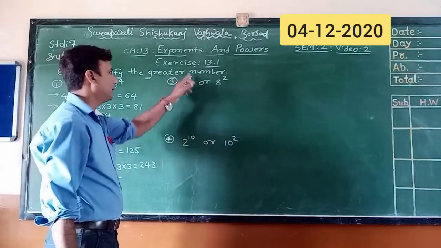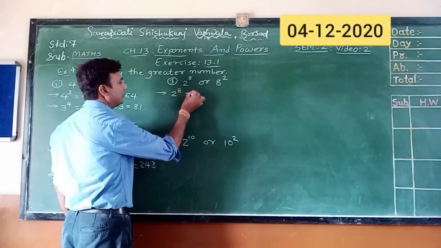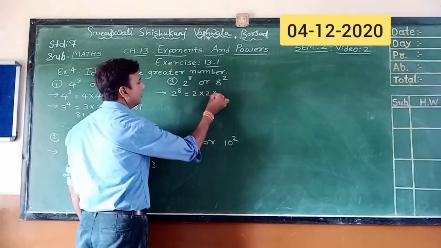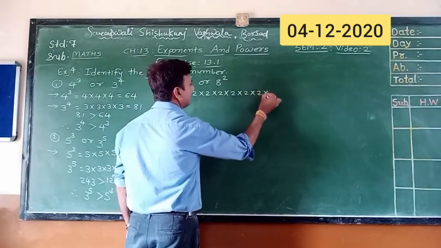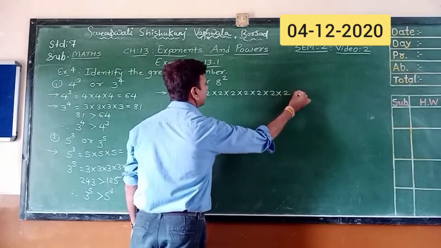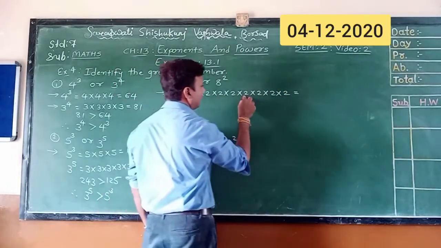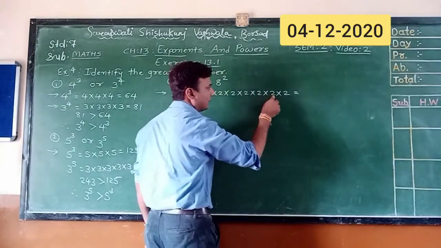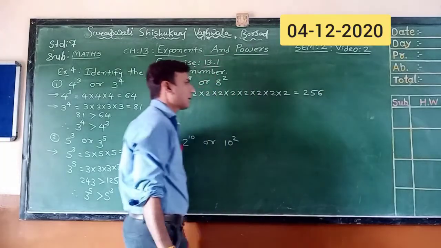Now the next pair: 2 raised to 8. We write 2 eight times and multiply: 2, 4, 8, 16, 32, 64, 128, 256. Yes.